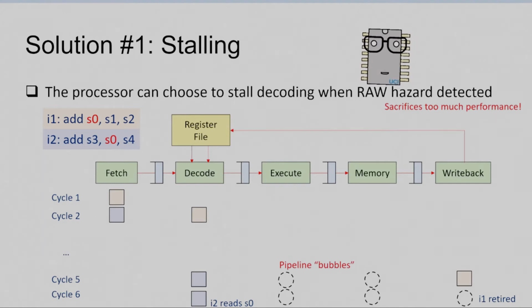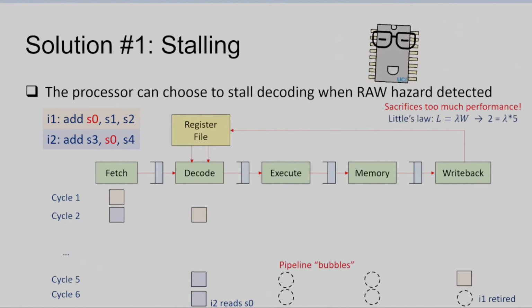Just how much performance? Let's give a lower bound on performance. We can apply Little's law to it again. So in the worst possible case, if every instruction pair has a read after write hazard which has to be dealt with, there will always be 3 pipeline bubbles inside the pipeline. So at most, we're going to have 2 instructions in the pipeline being processed.